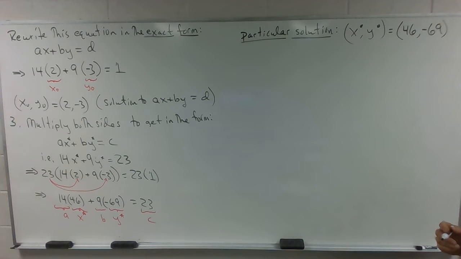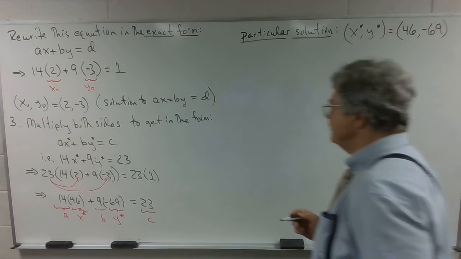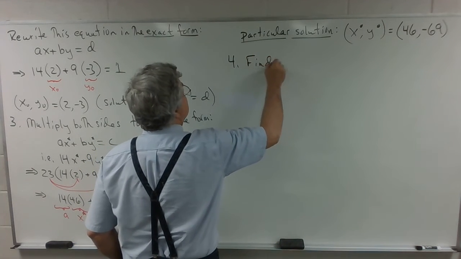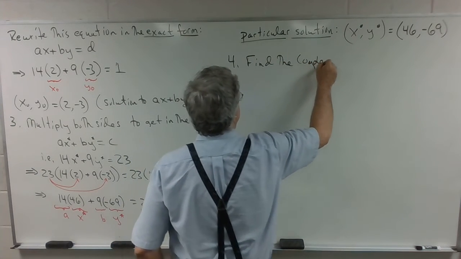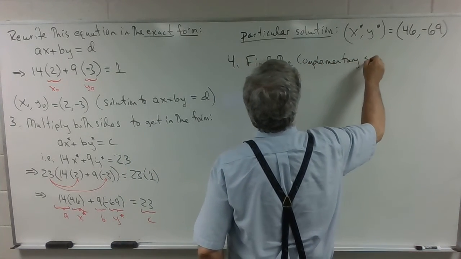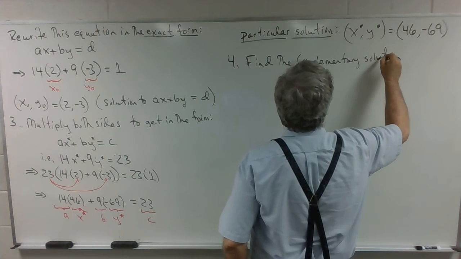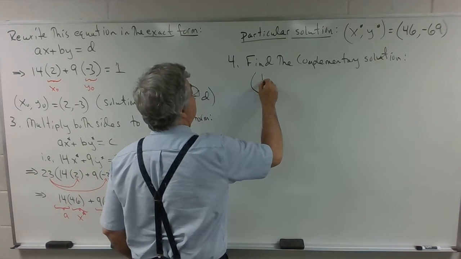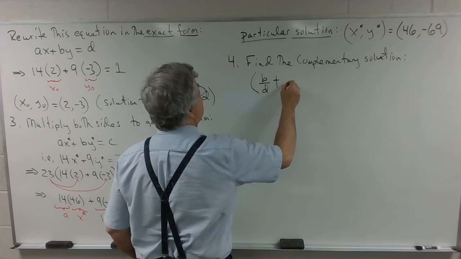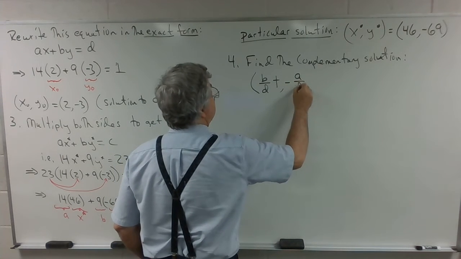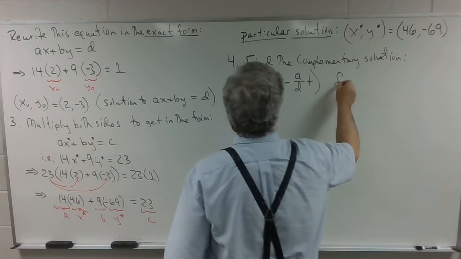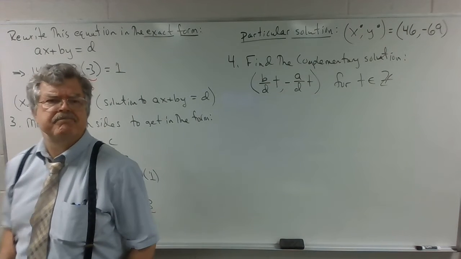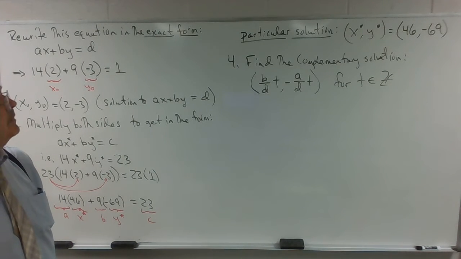Now we find the general solution. And to do that, we have to find the complementary solution. And we found out that this is b over d t, minus a over d t, for all integers t. Well, let's see.